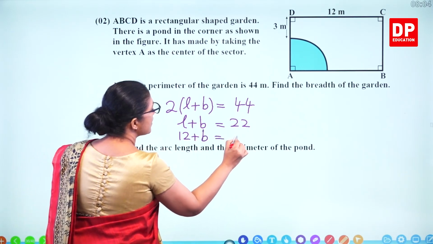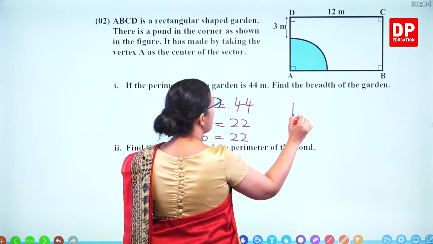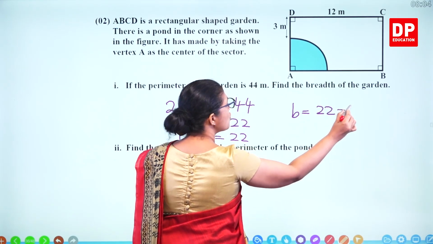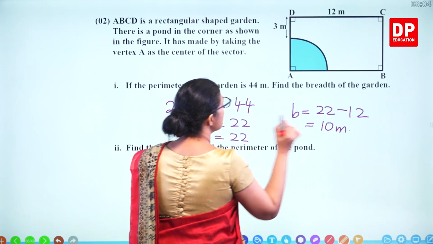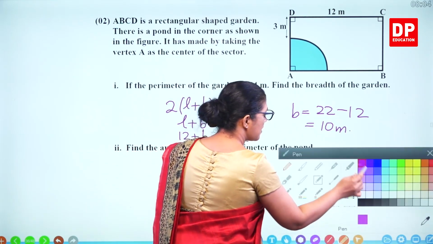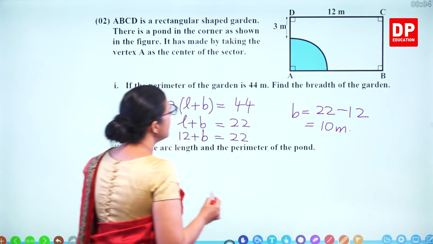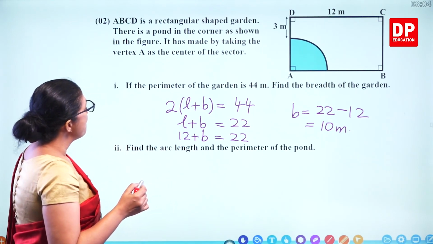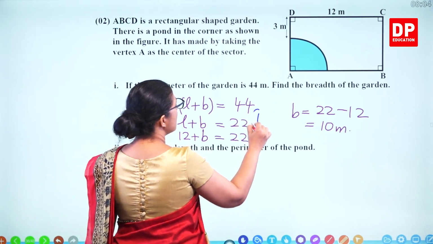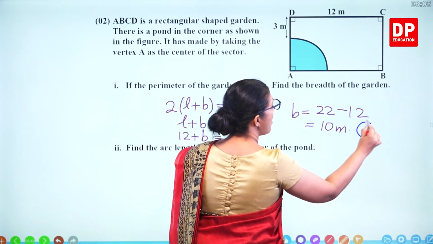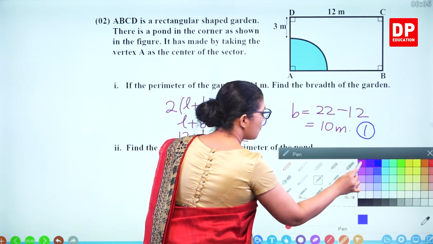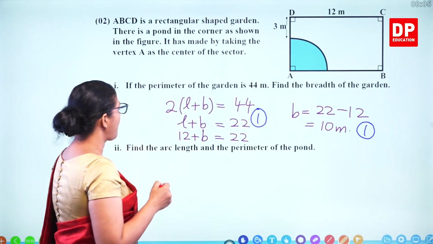So breadth becomes 22 minus 12, 10 meters. So that's the answer. So we can give 1 mark for applying this perimeter formula and 1 mark for the answer. So 2 marks for this part.